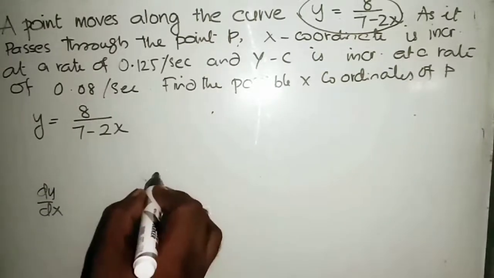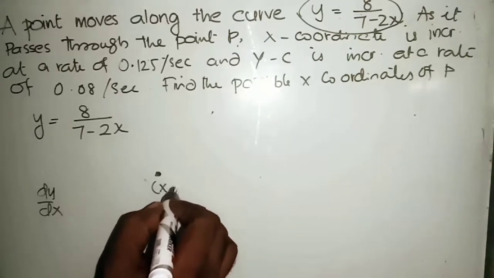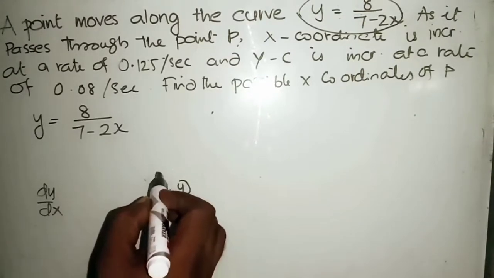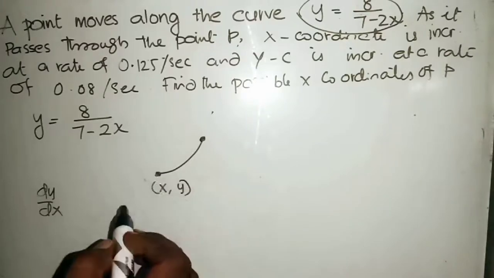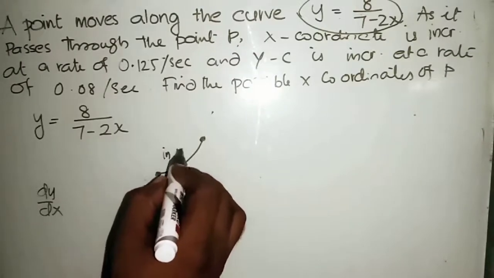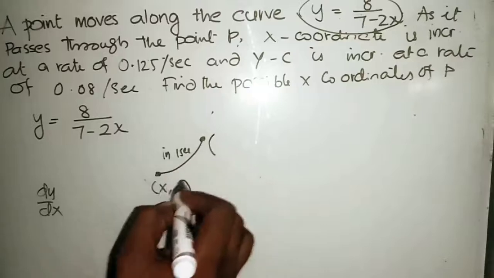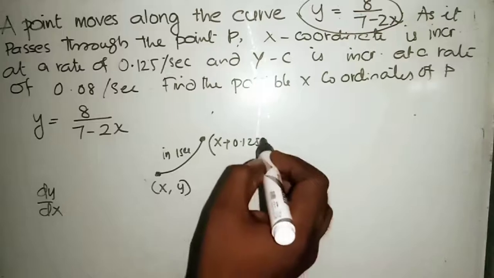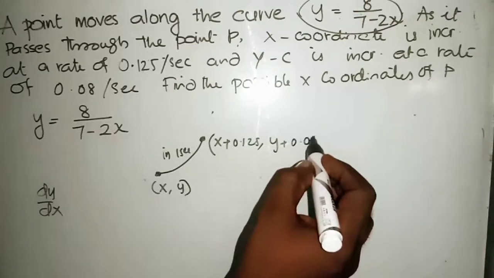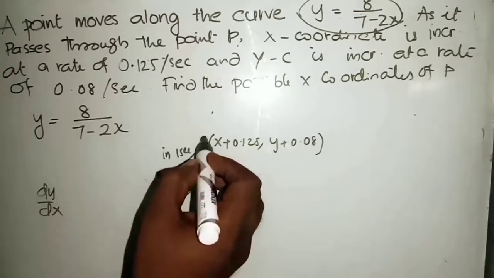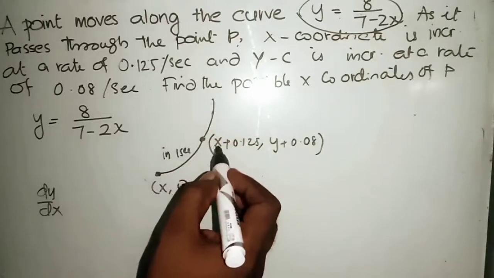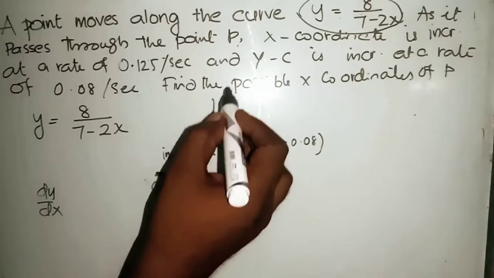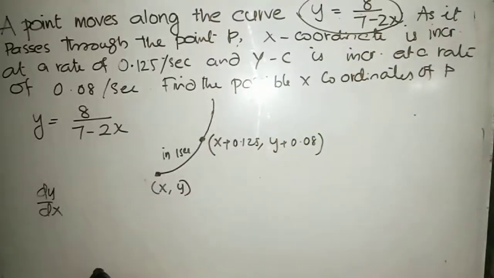That means from this point, suppose this is x, y, when it moves to another point in 1 second, x will be changed as x plus 0.125 and y will be changed as y plus 0.08. That is meant by that. When it moves 1 more second, x increases by 1 more 0.125 and y also in the same way. That is meant by increasing or decreasing here.